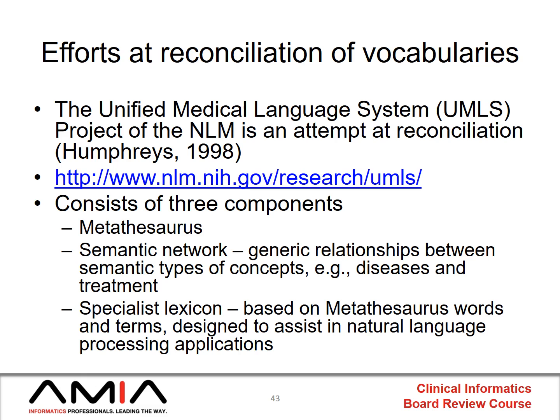There's also the semantic network, which establishes generic relationships between the semantic types, or the high-level concepts. And then there's the specialist lexicon, which is designed to assist in natural language processing applications. Sometimes the UMLS Metathesaurus is synonymous with people saying the UMLS. The other components are relatively small relative to the Metathesaurus.